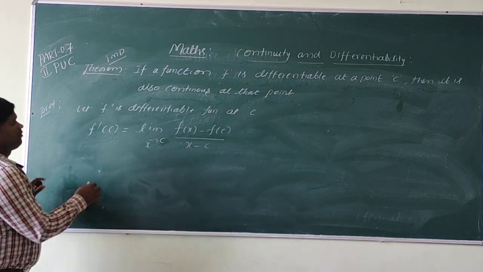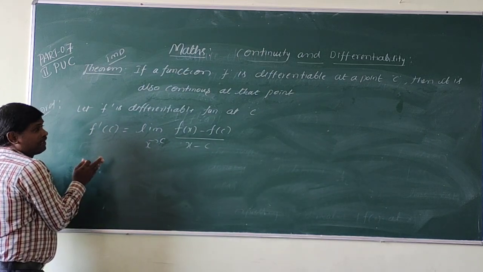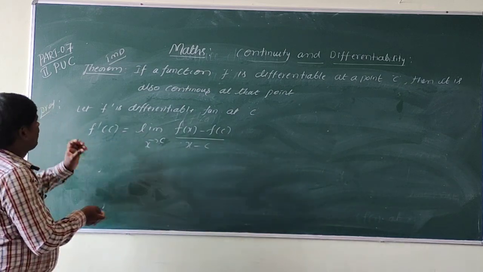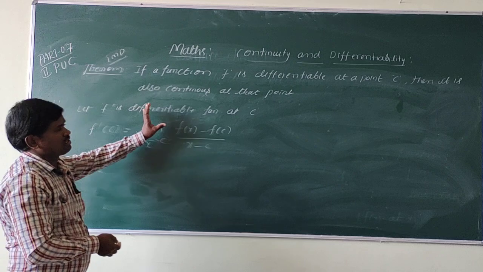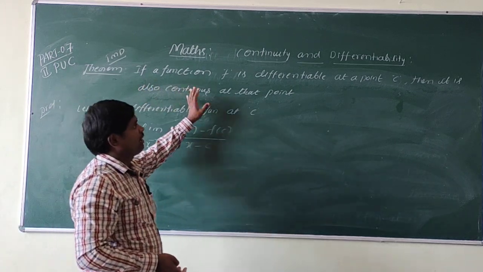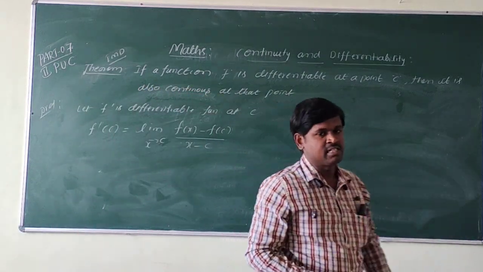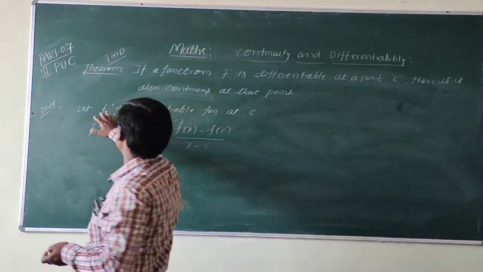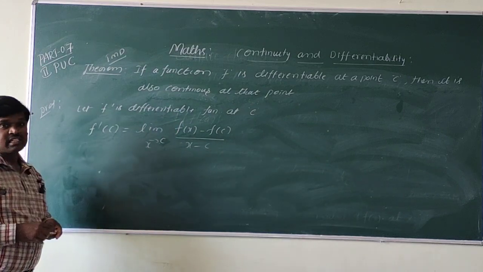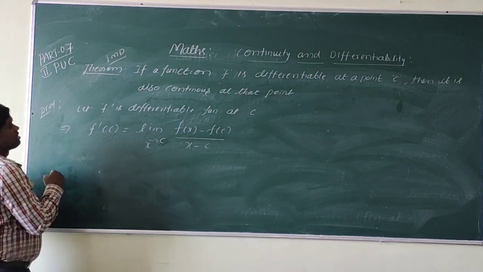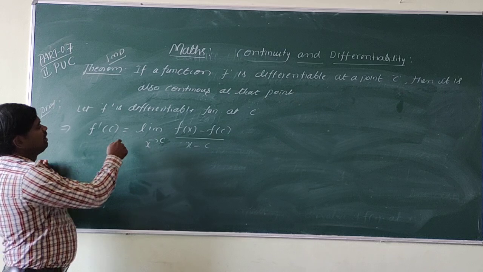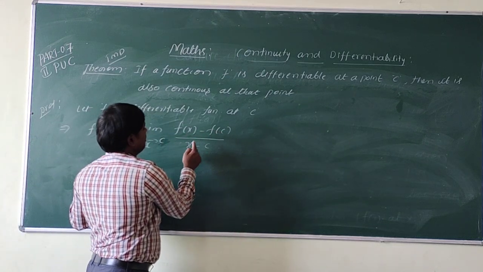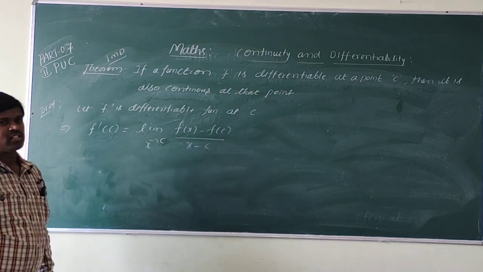I am considering f as a differentiable function at c because we are going to prove that every function differentiable at x equal to c is continuous at that same point. So this implies f dash of c is equal to the limit of f of x minus f of c divided by x minus c as x tends to c.